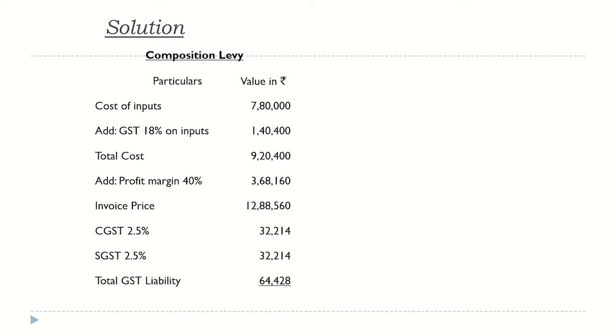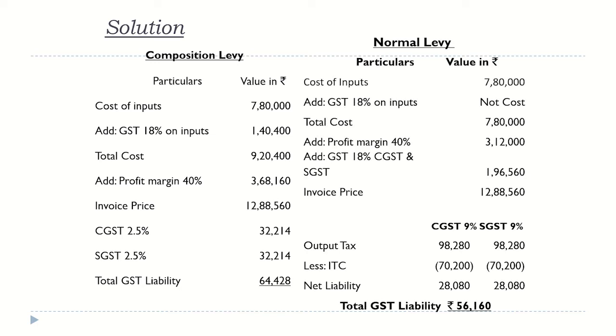Now let's understand, if it is a normal scheme, how will the hotel find out its value? Here the cost of input is 7,80,000, similar to composition levy. But one change is, since it is under the normal scheme, the hotel can claim the 1,40,400 of GST paid on inputs to be set off against its output. Hence, it is not a cost to the company, and the total cost here would be only 7,80,000.